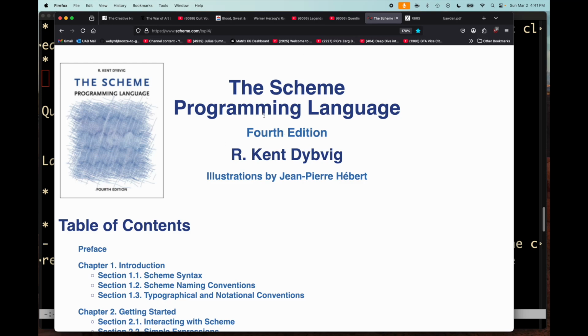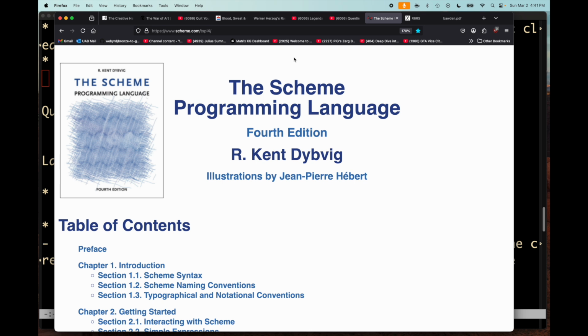This is usually the first place I would look. I would look in the spec, the Scheme report, later, after looking at Kent's book first. Kent was the editor-in-chief of R6RS, so what's in this book is probably going to be pretty close to what's in R6RS.